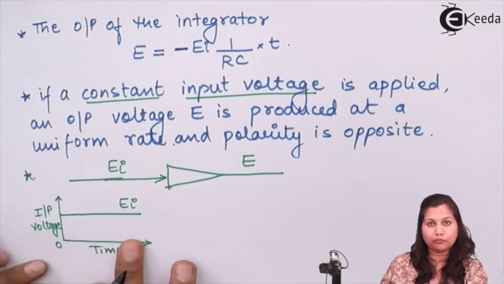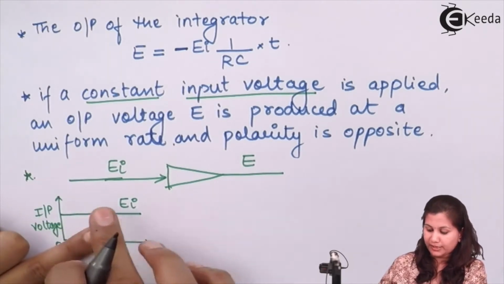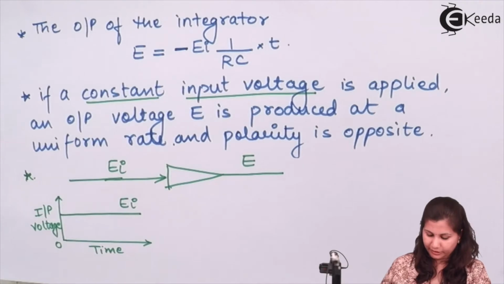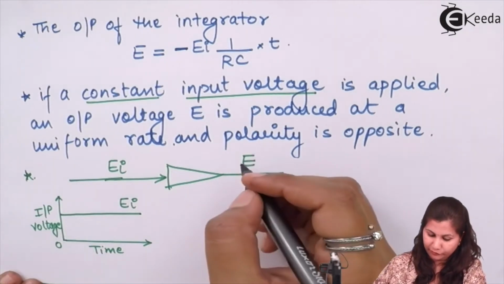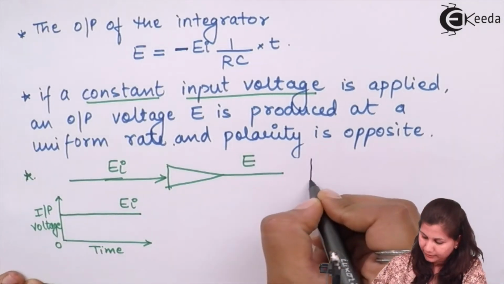When a constant input voltage is applied as an input to the integrator, the output of the integrator will be the voltage E.